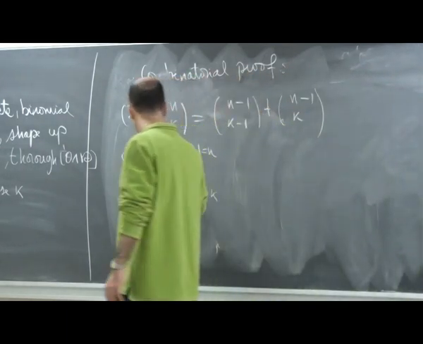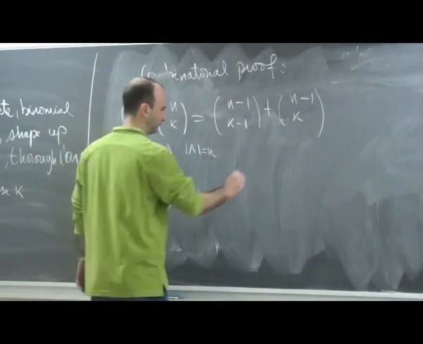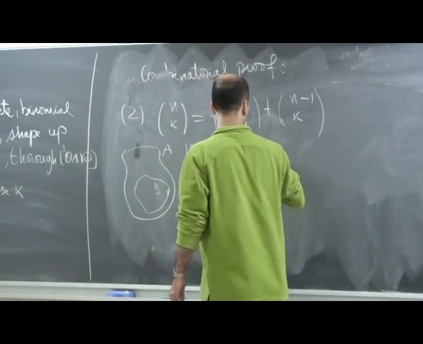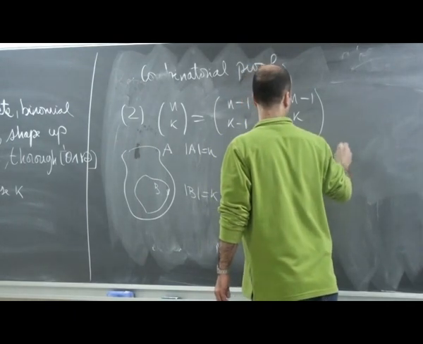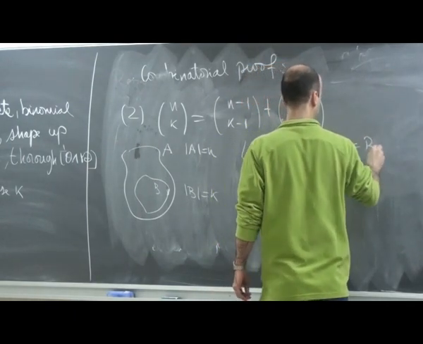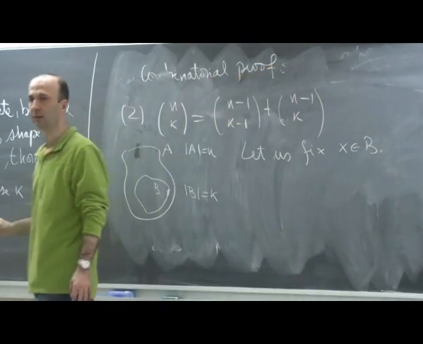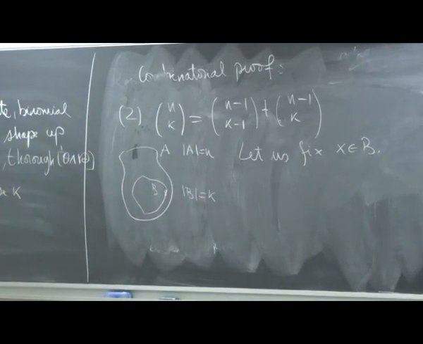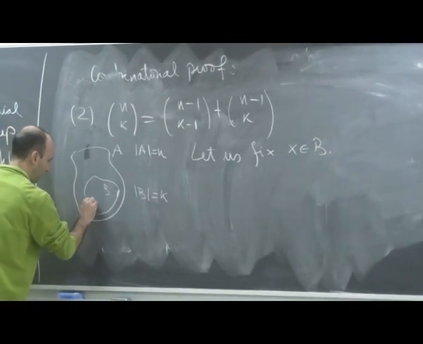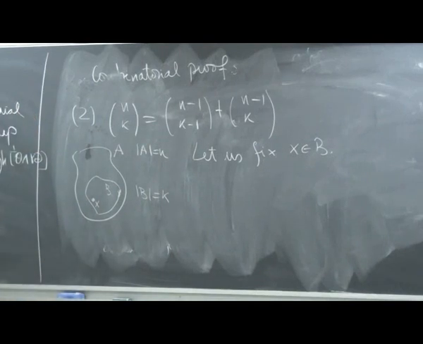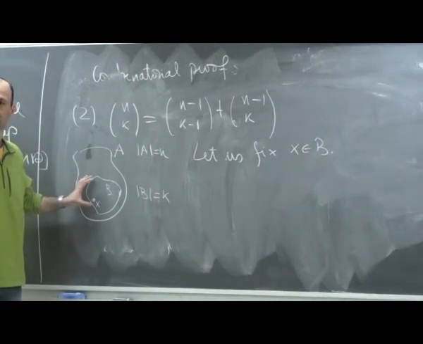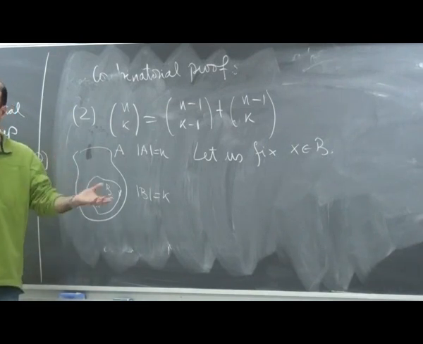So my idea is the following. I'm going to fix an element in B, say X. Right? So all possible selections may have X or not. Right?